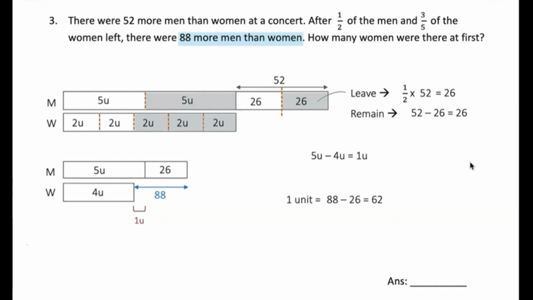It can be what is left. So, women at first will be 10 units. Okay, 10 times 62, and that's the answer. Any question? More practices. This kind of question, the more practice you have, the better you will become, okay?